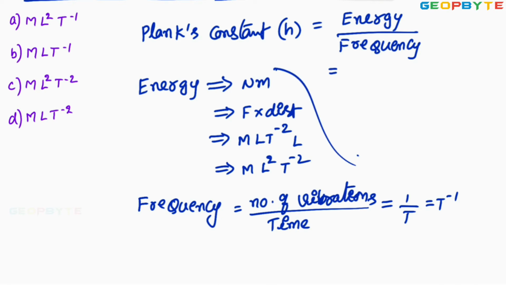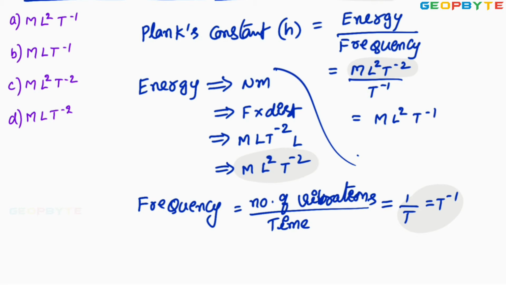the Planck's constant dimensional formula: energy dimensional formula, M L square T power minus 2, divided by frequency dimensional formula, which is T inverse. You simplify this to get M L square T power minus 1.